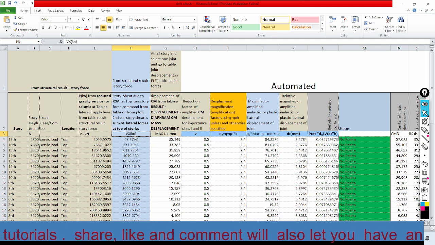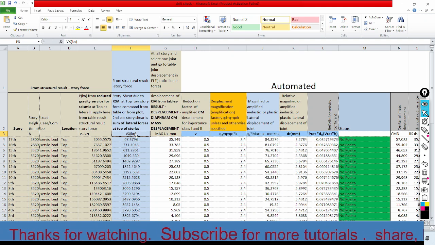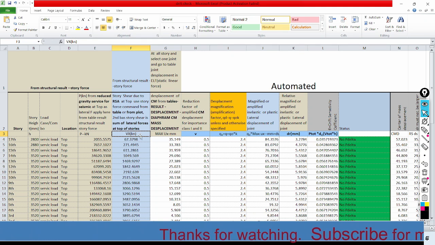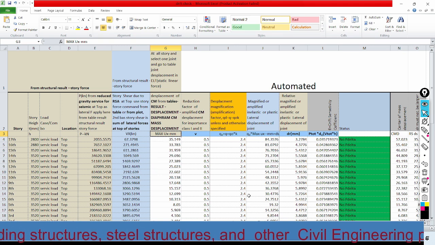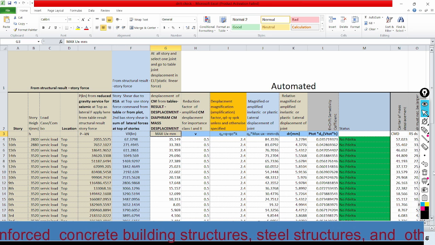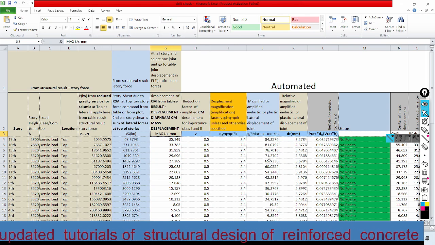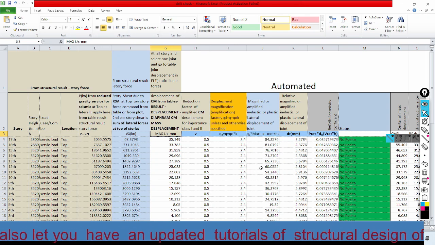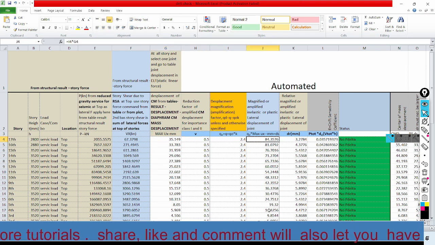If we consider the X direction, I need to take Vx. If we consider Vy, I need to take the Vy. And this one is the maximum displacement, and all those were briefly described in tutorial part 16, so you can visit and watch the tutorial part 16, which is regarding the determination of drift.